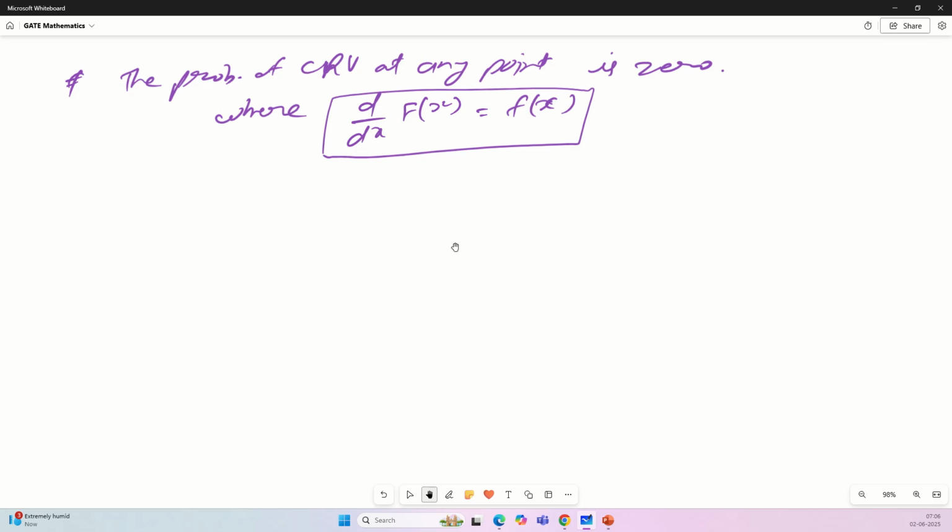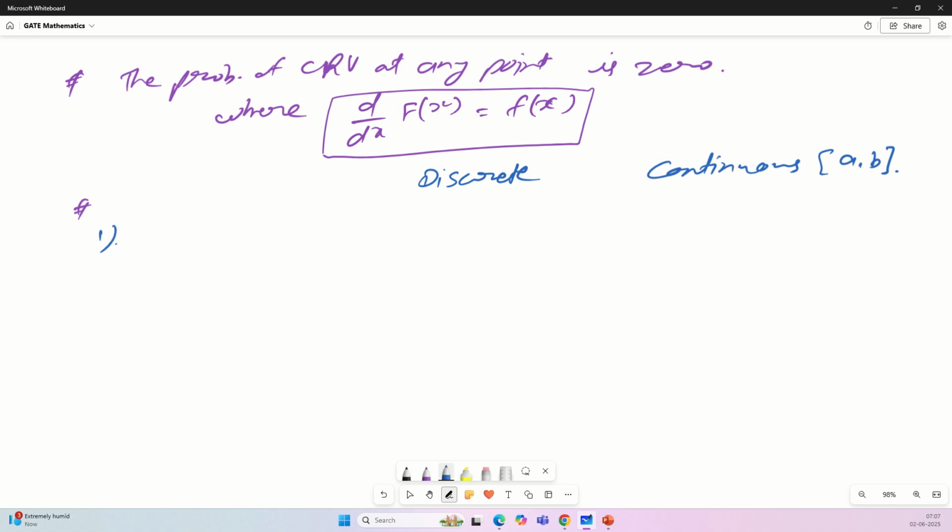Now let us find out expectation, mean square, standard deviation, variance, everything very nicely. So why don't we do one thing? I will write it down something like this. Here discrete and here continuous, and let's say I'm going to give range a to b. Okay. So now number one, we can say expectation.